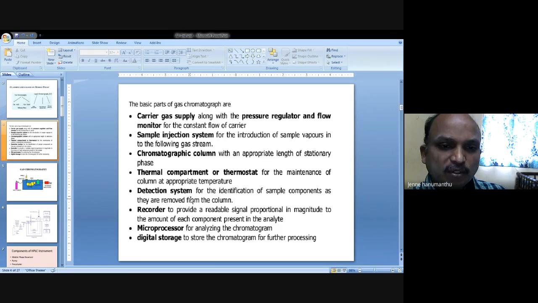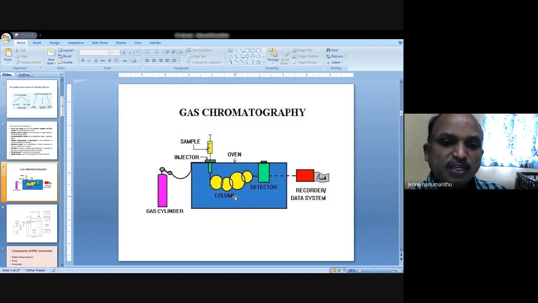And one more, the detection system, for identification of sample components as they move out of the column. Generally the detection system is not within the oven, it is outside the oven.